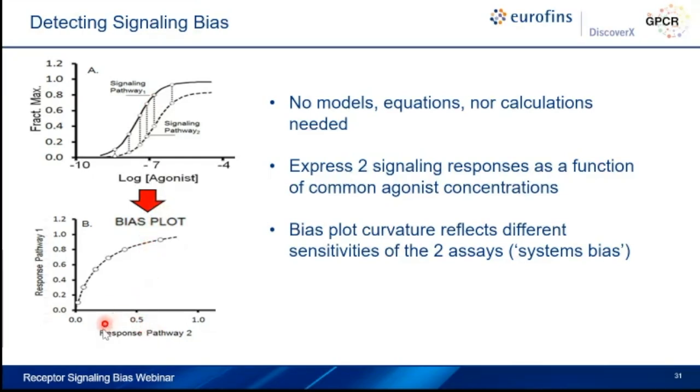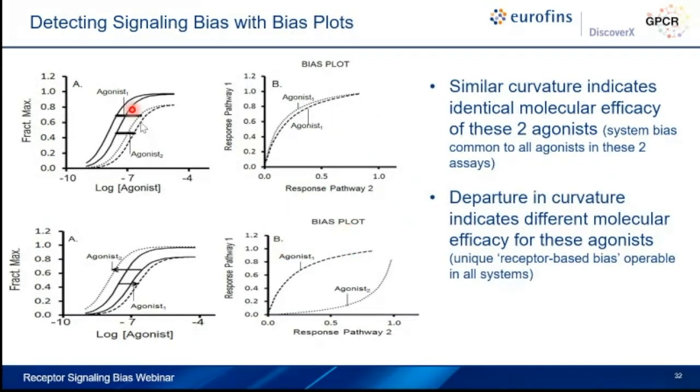So now I have the responses of this compound in pathway 1 plotted as a function of responses in pathway 2. And it'll be curved simply because these are two assays of differing sensitivity and so forth. So if I do two agonists now, and they're doing the same thing, I will get the same curvature. This is system bias. This is not something you could use because it's unique to the assays you've chosen.